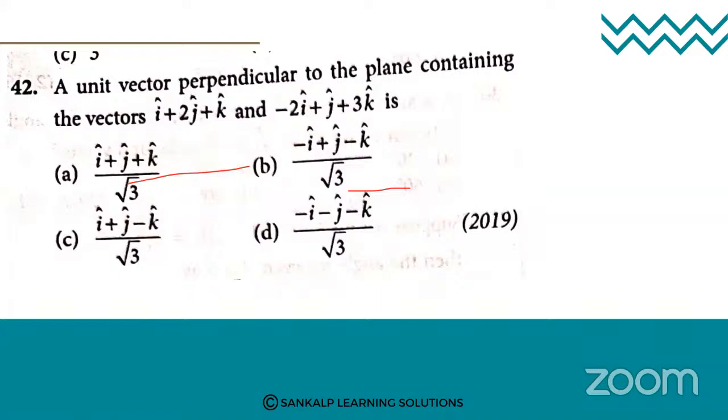Next example. The question here is to find a unit vector perpendicular to two given vectors. So two vectors are given, and we need to calculate a unit vector which is perpendicular to both. Pay attention.